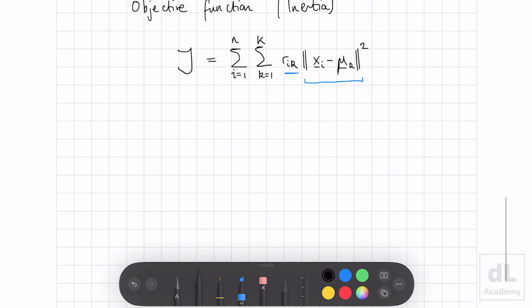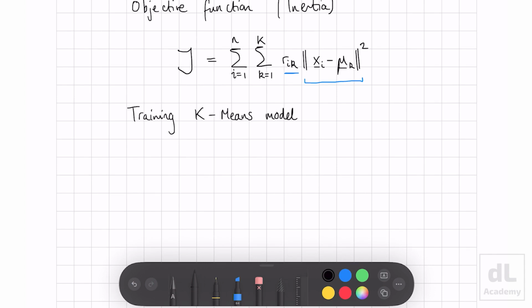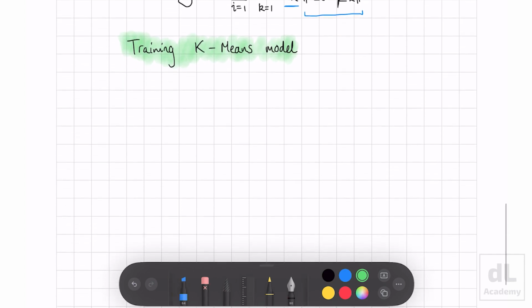Okay, so let's get on to training a k-means model. For this bit, hopefully it's of interest. If you're just using sklearn, this is what goes on under the hood, often a slightly more sophisticated, streamlined version of this. I always think it's useful to know what's happening in training, because if training doesn't work, it indicates what parameters you might play with to improve training.